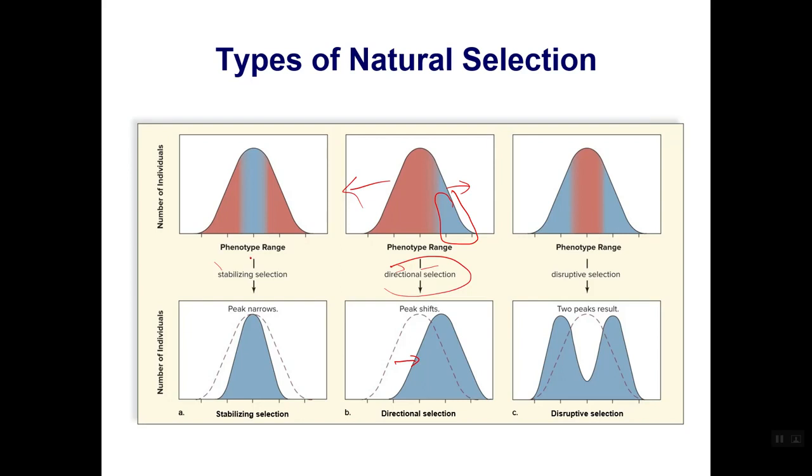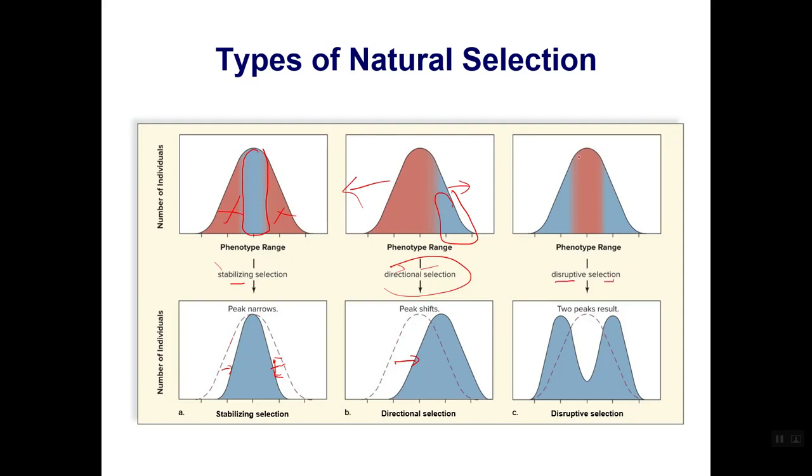Secondly, we discussed stabilizing selection. This is where the average is selected for, where we are selecting for the organisms in blue. These are the ones that had the most fit genes. These don't. So what we're going to see is a narrowing of the peak. So you can see the original one is in the dotted line, and we see a narrowing of our distribution curve. And then lastly, our disruptive selection.